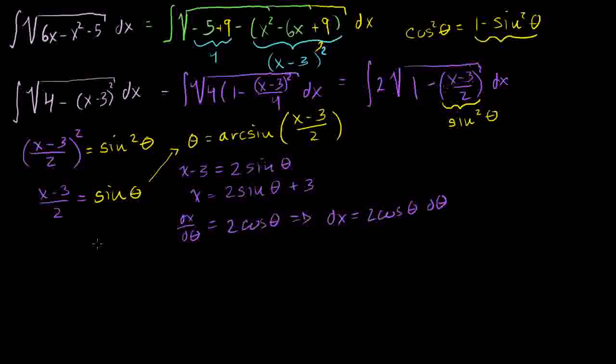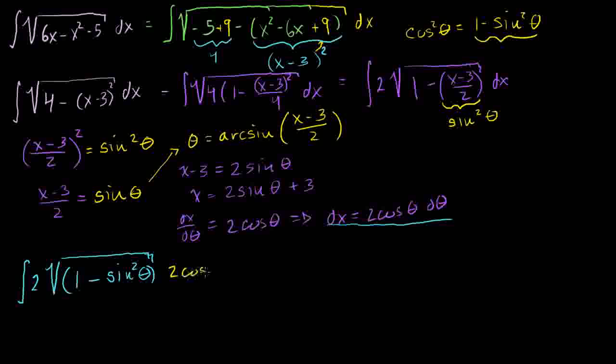So this thing will now be rewritten as the integral of 2 times the radical of 1 minus, I'm replacing this with sine squared of theta. Sine squared of theta. And then all of that times dx. Well, I just said that dx is equal to 2 cosine of theta d theta.